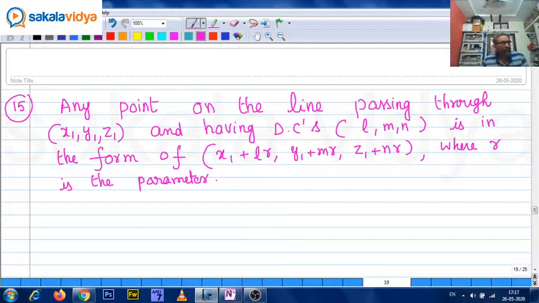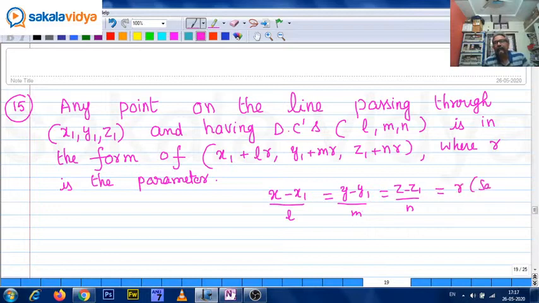Yes. So that means actually you see x minus x1 by, you can write like this. Where is the L? I will explain, don't worry. See, the equation of the line is x minus x1 by A, write L here, y minus y1 by M, z minus z1 by N. Suppose this ratio is some value R. Then we get x minus x1 equals L into R, LR.